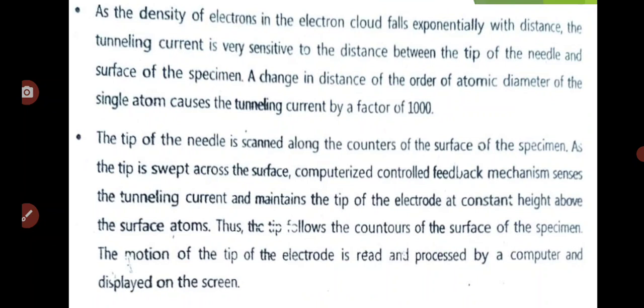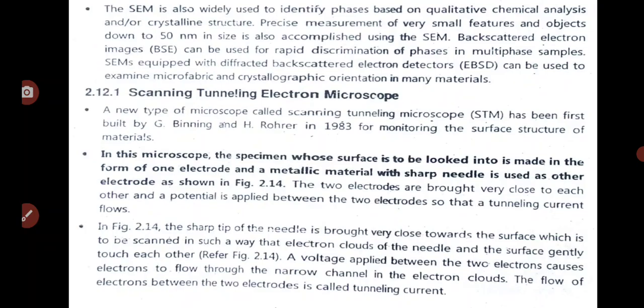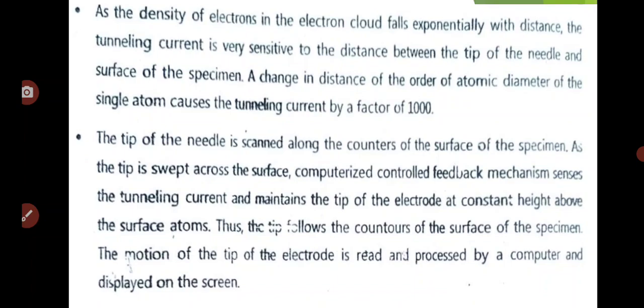The density of electrons in the electron cloud falls exponentially with distance. The tunneling current is very sensitive to the distance between the tip of the needle and the surface of the specimen, which are very close to each other.